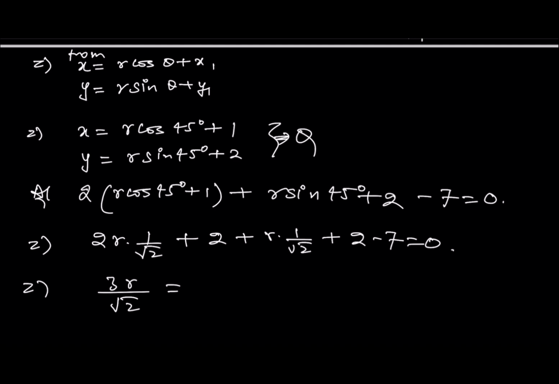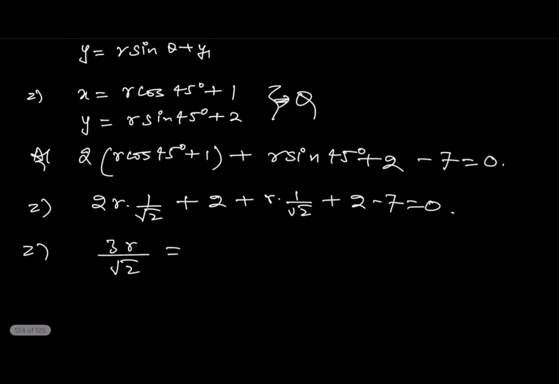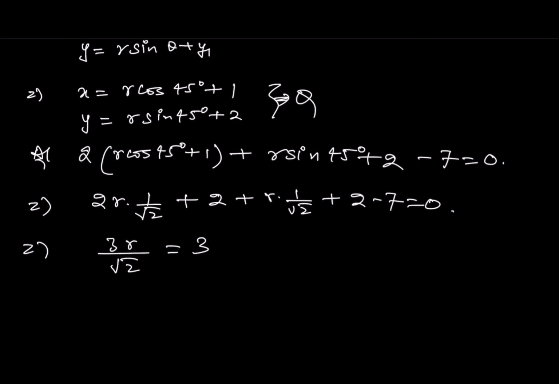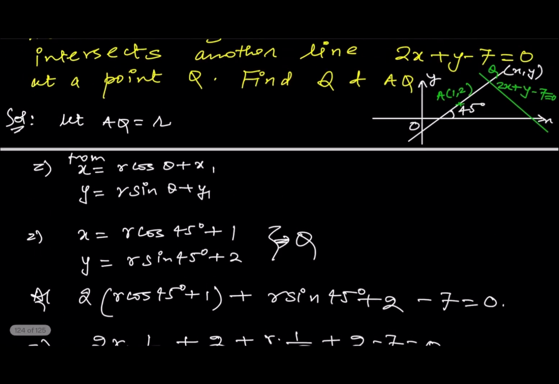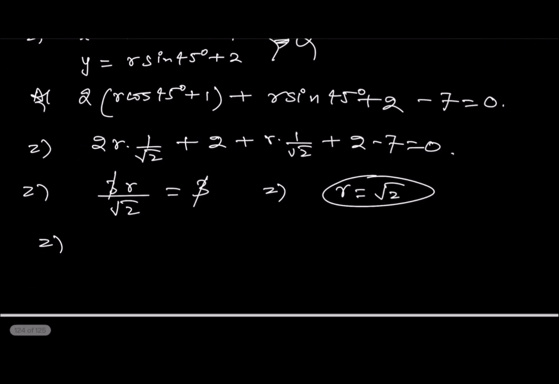I will take minus 3 to the right hand side, so we will have 3, so 3 cancels out, r is equal to root 2. So r is equal to root 2 implies AQ is equal to root 2.